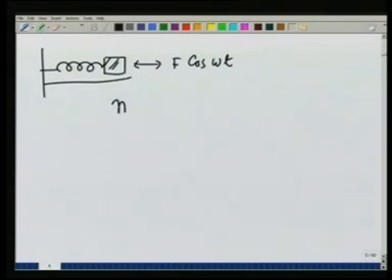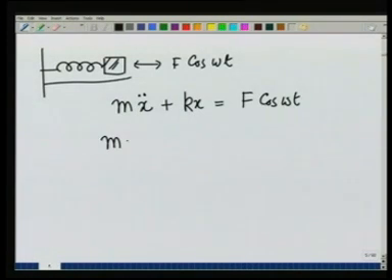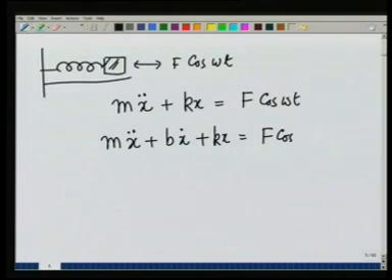The equation of motion of this system is going to be m x double dot plus k x is equal to F cosine of omega t. If it is a damped oscillator, then the equation is going to be m x double dot plus b x dot plus k x is equal to F cosine of omega t.